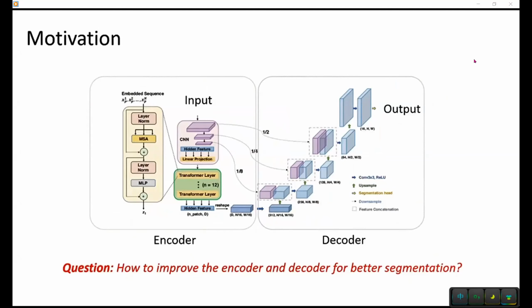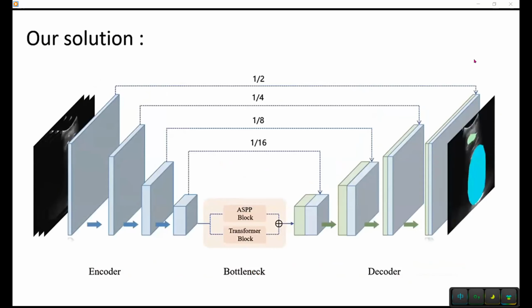Inspired by previous work, we propose a simple and efficient segmentation model as shown in the diagram. It has a more powerful encoder-decoder architecture. Firstly, we use a pre-trained ResNet as the backbone network to extract local information at different scales.